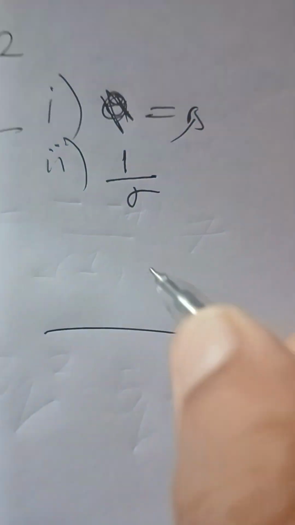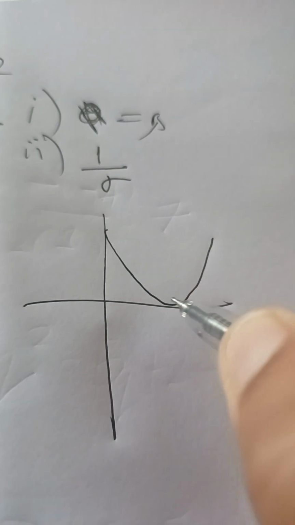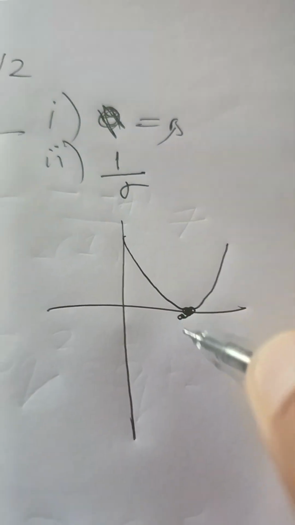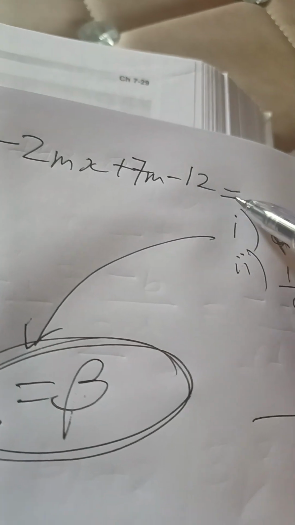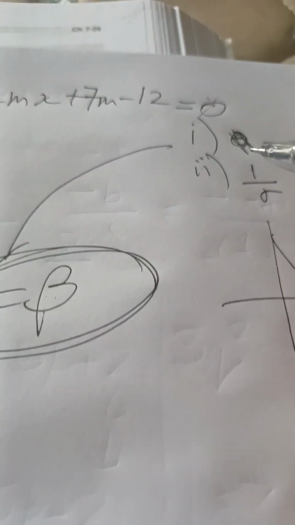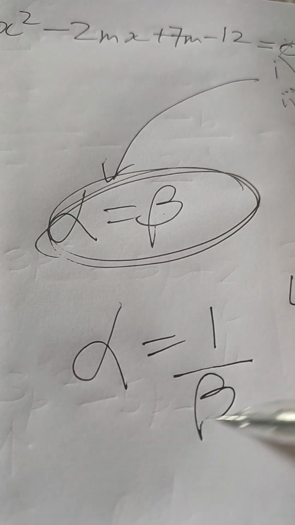Like if this is the equation, then it literally just touches one point on the x-axis. That's what that means. It only has one value which satisfies this being equal to 0, and reciprocal roots would just mean alpha is equal to 1 by beta.